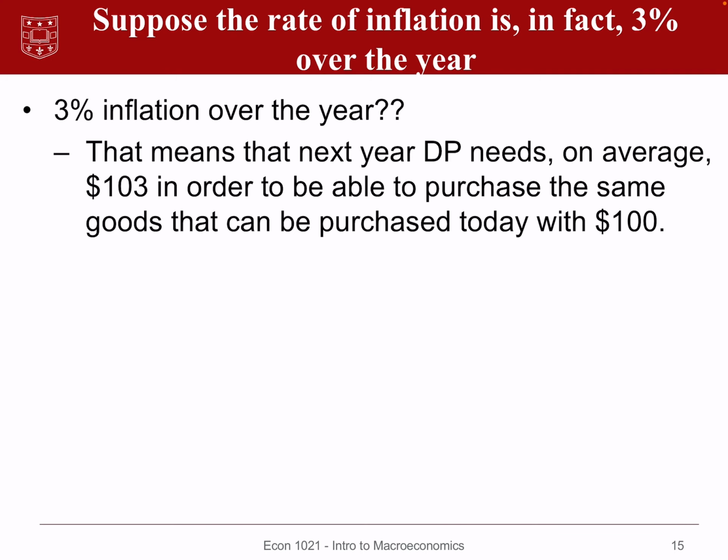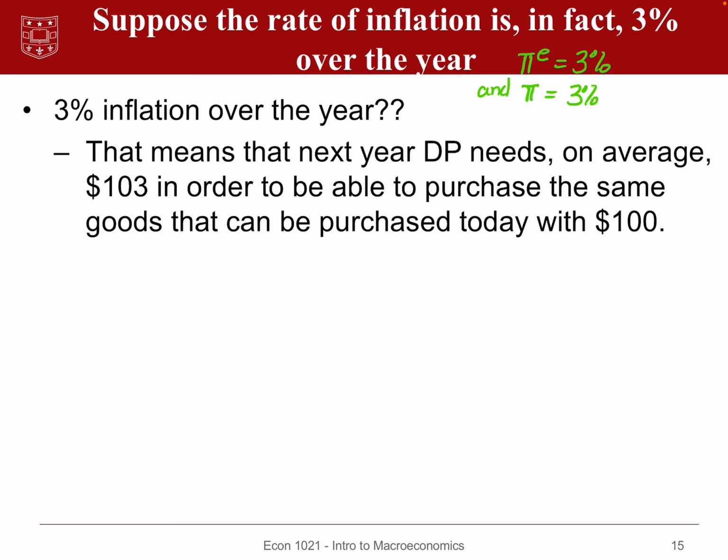So suppose that the rate of inflation is, as we expected, 3% over the year. In other words, we expected the rate of inflation to be 3% and the rate of inflation was 3%. What does that mean?